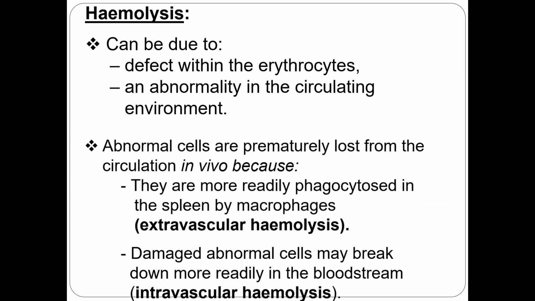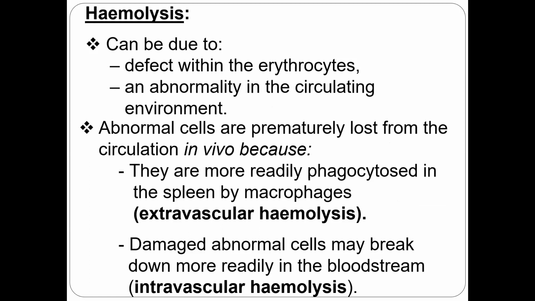So abnormal cells are prematurely lost from circulation because, one, they are more readily phagocytosed in the spleen by macrophages. So this is extravascular hemolysis. And damaged and abnormal cells may break down more readily in the bloodstream. This is intravascular hemolysis.